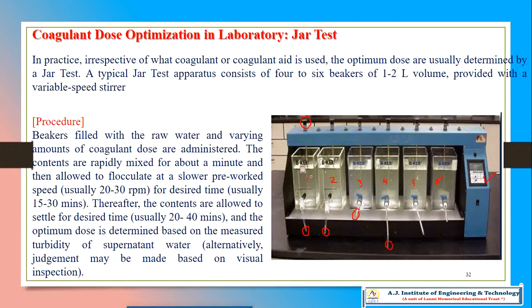For example, water coming from the sedimentation tank, where only settleable water is settled by its own gravity, and the remaining particles are not settled. That water you can take for adding the alum dosage to settle the remaining particles, or you can take raw water directly from the river also. That I will also tell in the dosage.